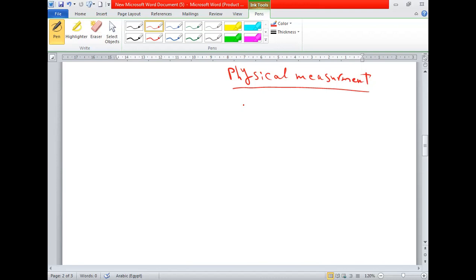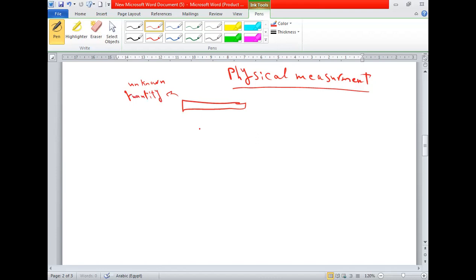When we measure the length of a pencil, here is the pencil, this is an unknown quantity.